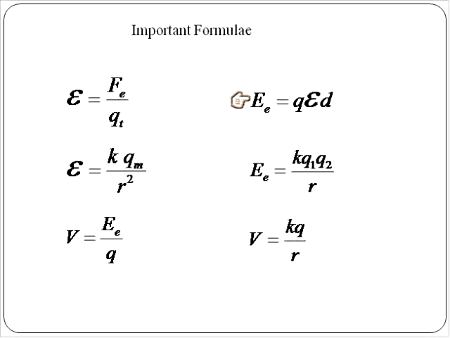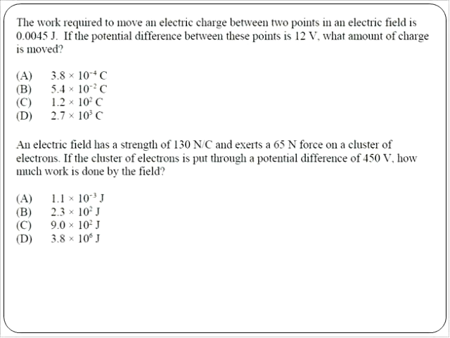All right, so let's take a look at some public exam questions that deal with the concept of electric potential and electric potential energy. Remember, two different things. Okay, mostly multiple choice for this stuff. So in the first one here, the work required to move an electric charge between 2 points in a field is 0.0045 joules.